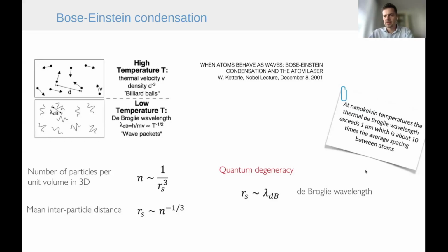When it happens, for example for atoms at nanokelvin temperatures, the de Broglie wavelength is about 1 micrometer, which is about 10 times higher than the average spacing between the atoms in an ultra-cold gas.